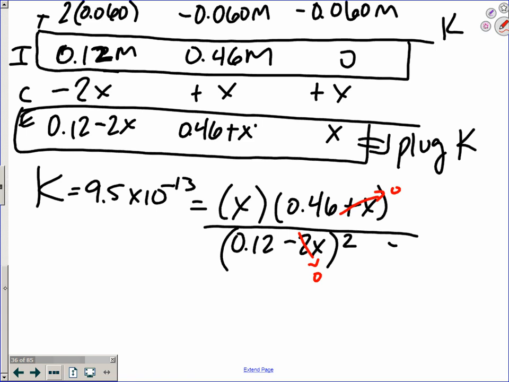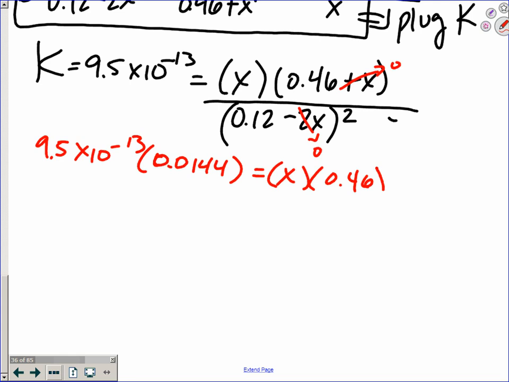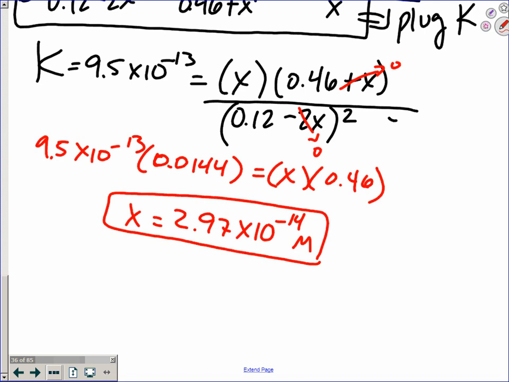I'm just going to write some simplification real quick. There's no rule for that.